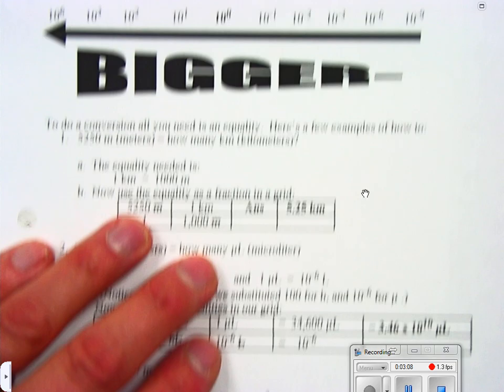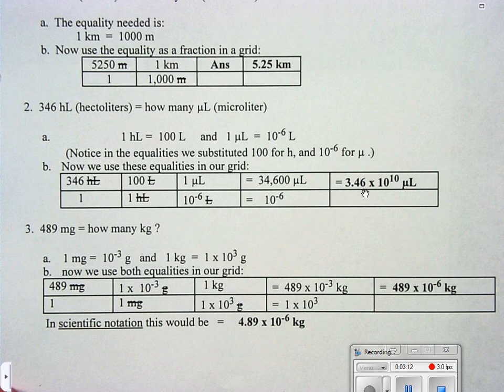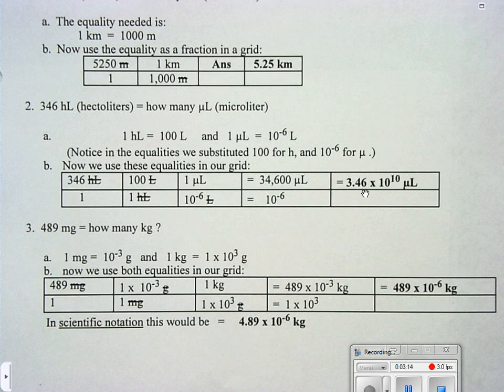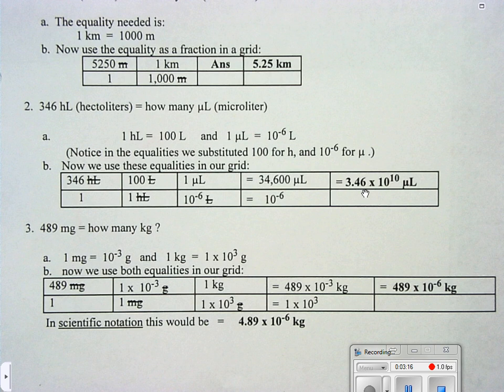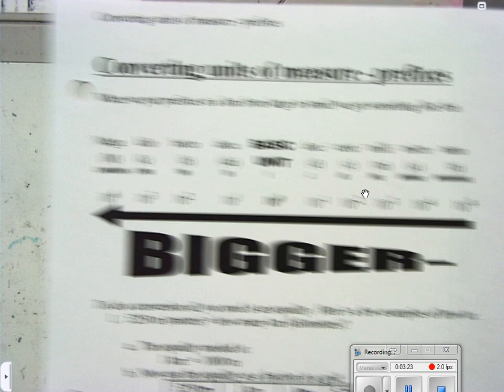and when you're doing conversions, I've also got a lot of examples here that show you, 3 of them, how to do those conversions using the fractions or the grids, as they look like in this one. And it's all right there.